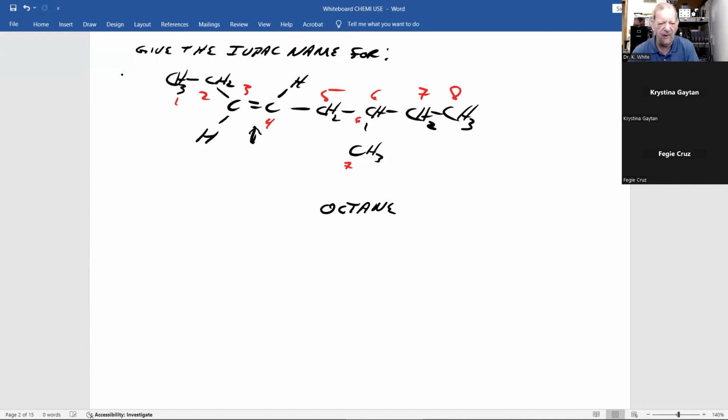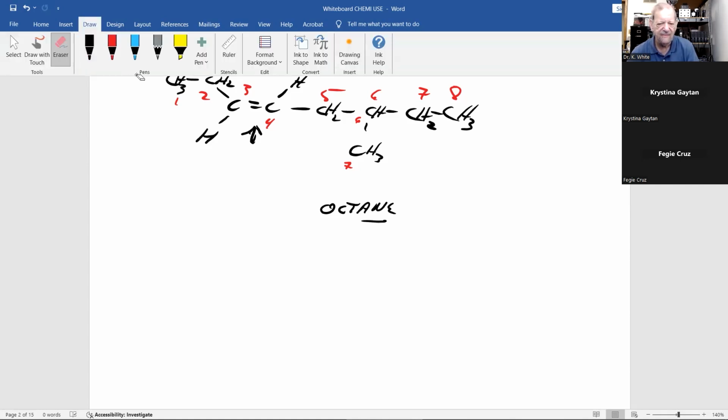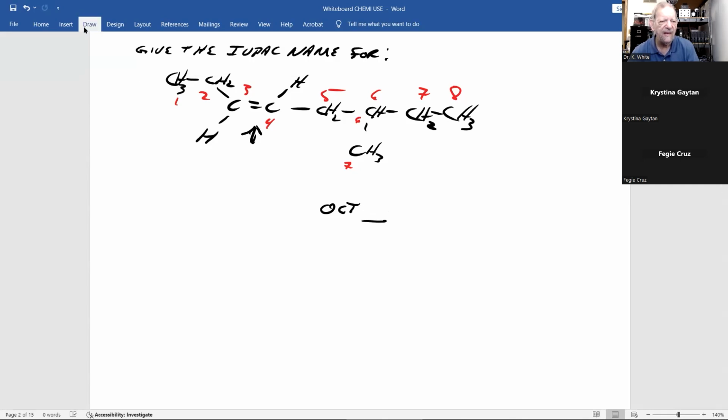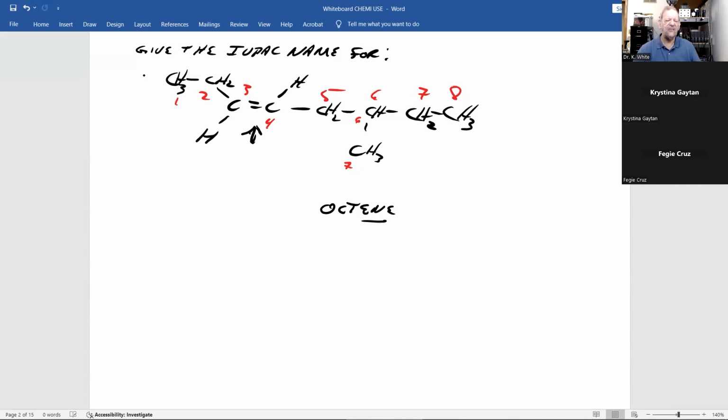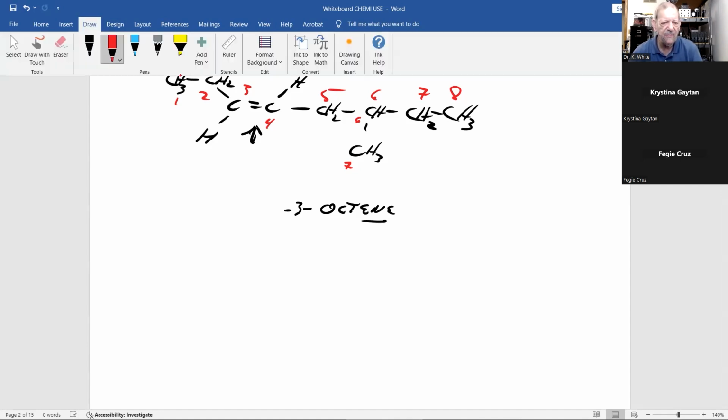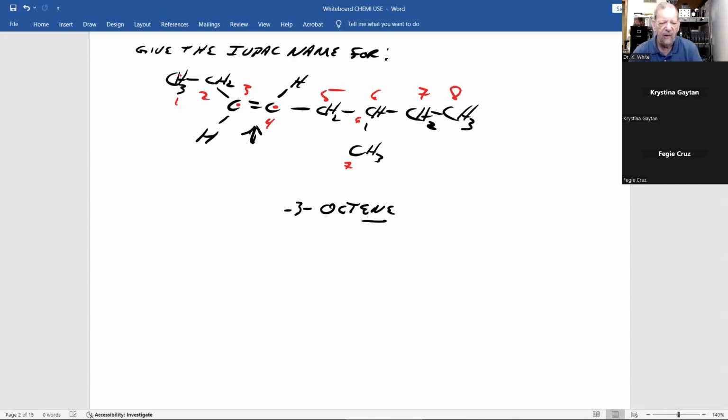But since we have a double bond, drop the ANE and put ENE. Next, what's the lead carbon, the carbon of the double bond closest to the end of the chain? That's on carbon 3. So that's 3-octene. Now, notice on each carbon of the double bond, we have a hydrogen, and they're on opposite sides of this plane.